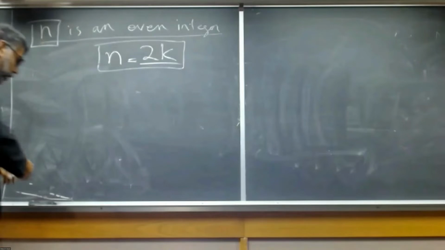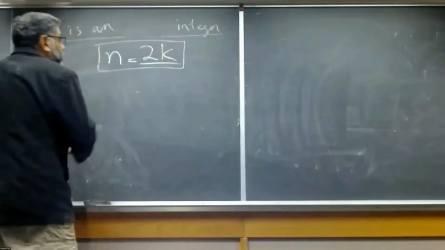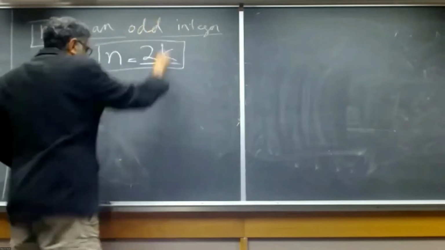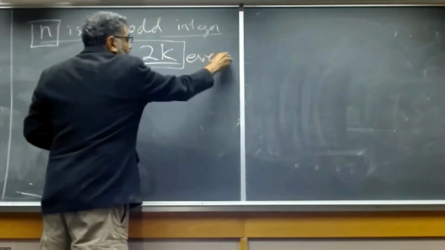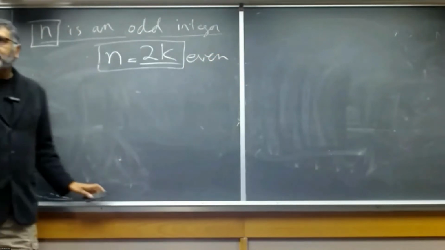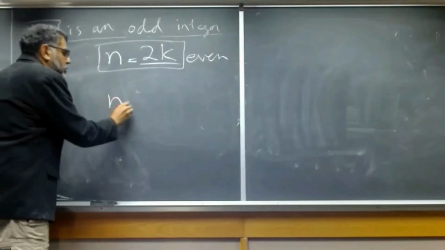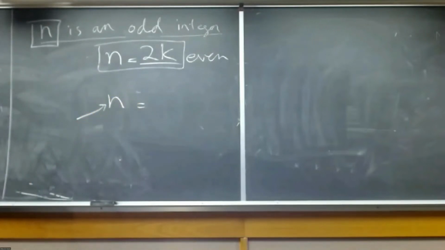All right. Now let's look at odd integers. So if this is how we represent even integers in mathematics, for odd, let's say we assume n is odd. How do we express odd integers?